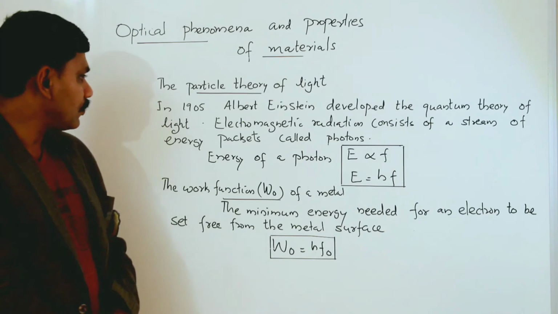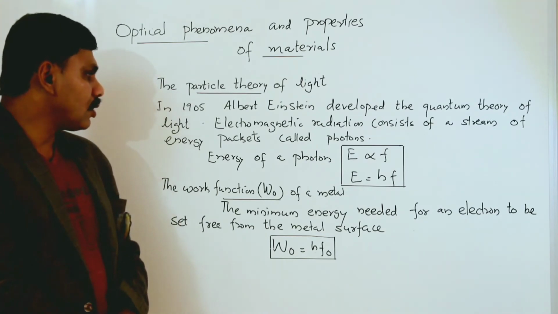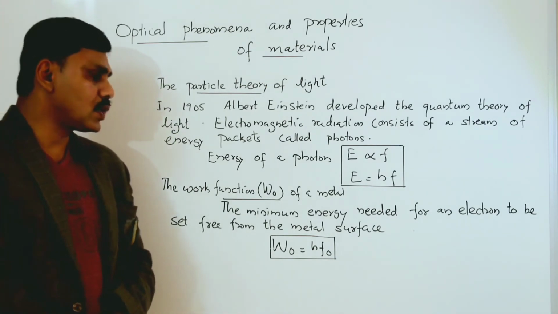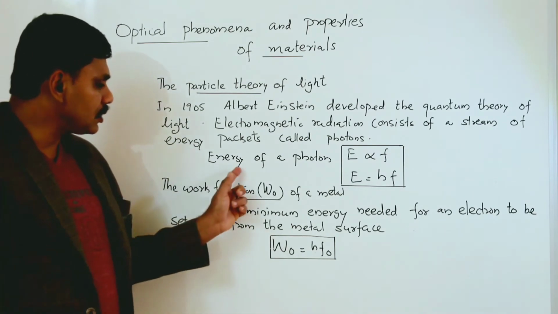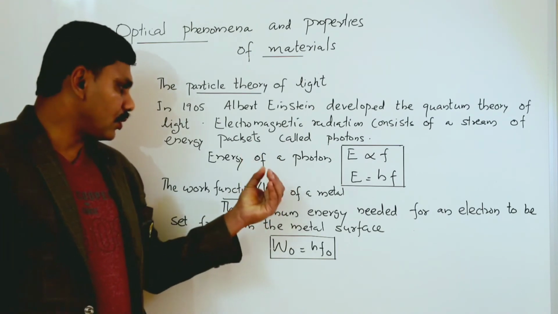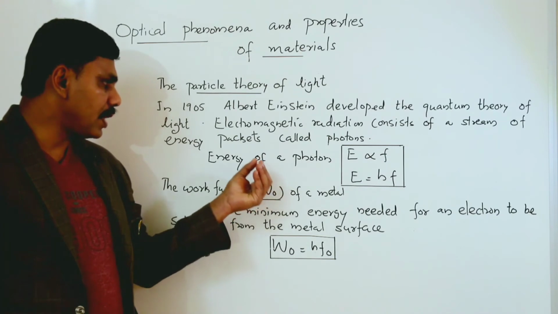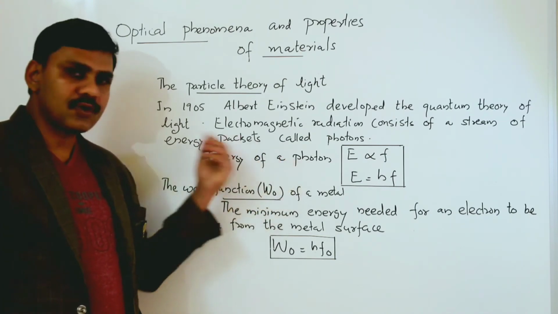So in 1905, Albert Einstein developed the quantum theory of light. Electromagnetic radiation consists of a stream of energy packets called photons. Energy of each packet, packet means photon. So here we consider the radiations as packets of energy or particles, and this particle is known as photon.